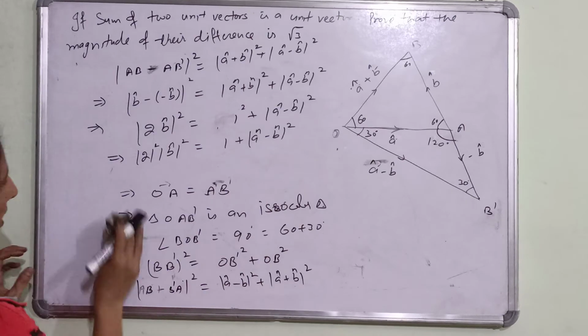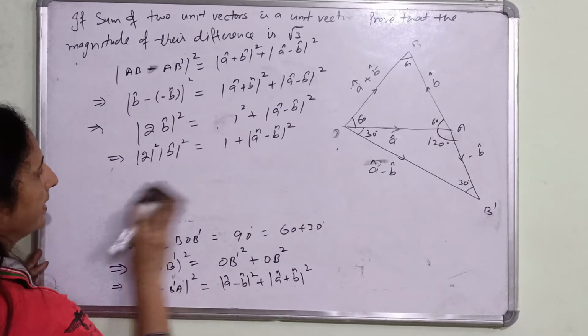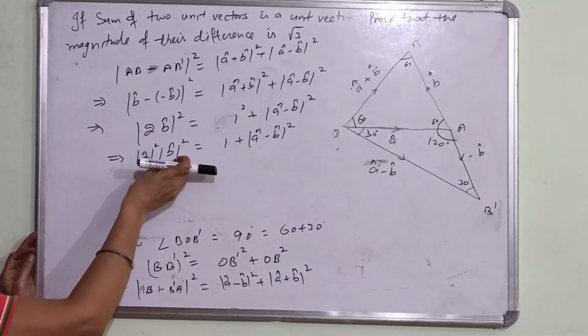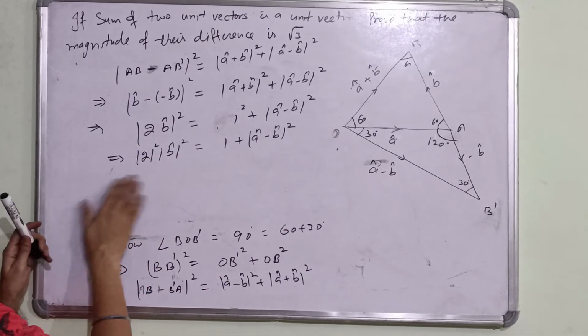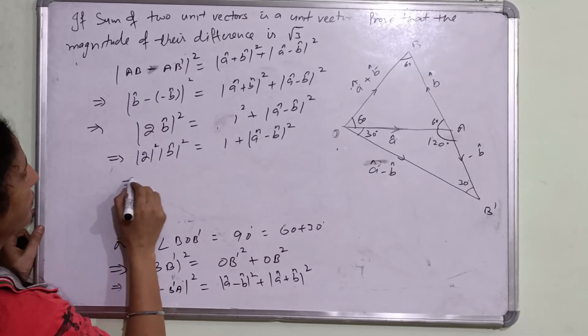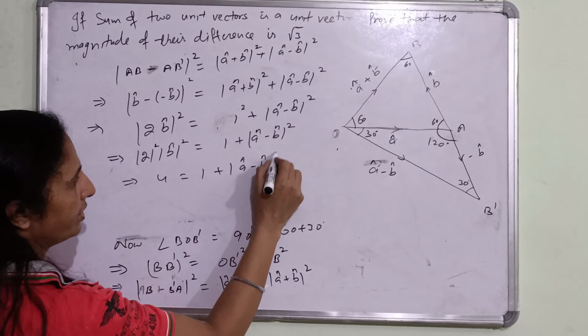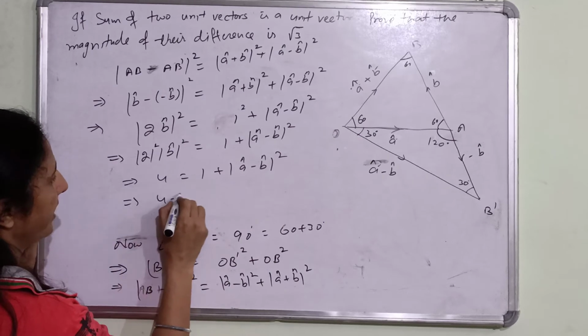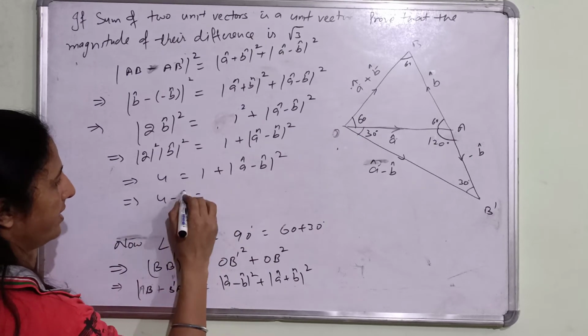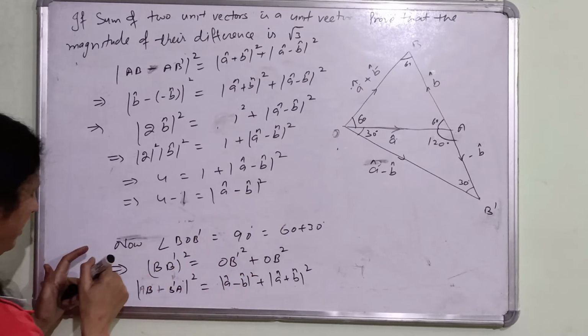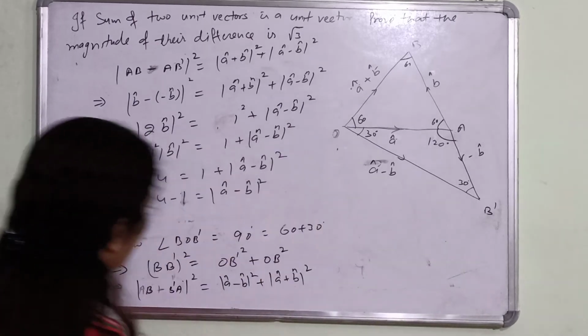This is 4. B is a unit vector, so it is 1. So we have 4 is equal to 1 plus A unit vector minus B unit vector square. So 4 minus 1 is equal to A unit vector minus B unit vector square. So next, it is 3.